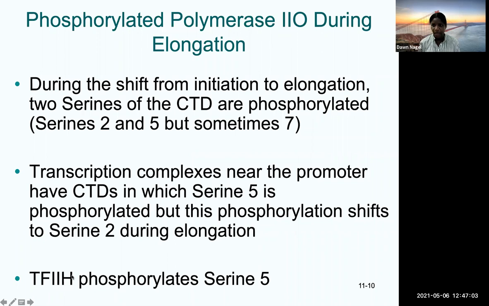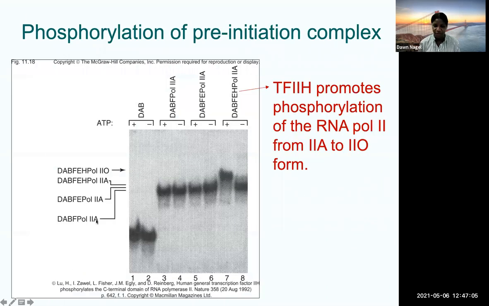Okay, and this was demonstrated using, again, similar to the protein binding assay that we talked about, a gel shift assay or EMSA assay, depending on what you want to refer to it as. That's the assay that showed that TFIIH is responsible for shifting from the unphosphorylated polymerase state to the phosphorylated polymerase state. Okay, so you're looking at a gel here.